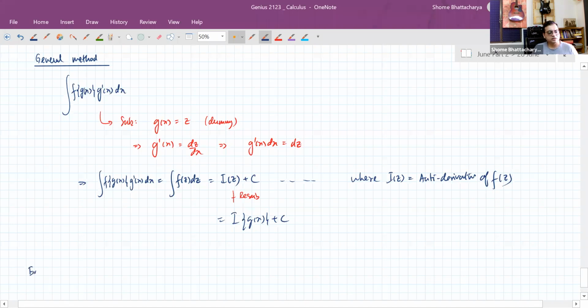So let's see another simple example. Suppose we have e raised power sine x into cos x dx. So you can see it is the exponential of a function sine x whose derivative is cos x. So you can use this. Okay, so just try this out and tell me the answer.